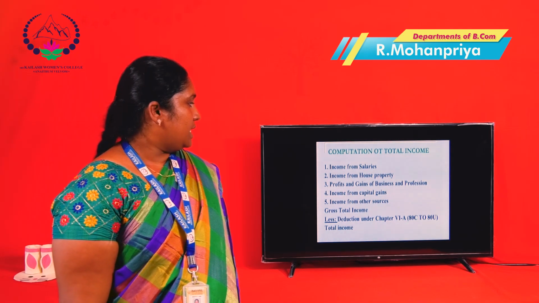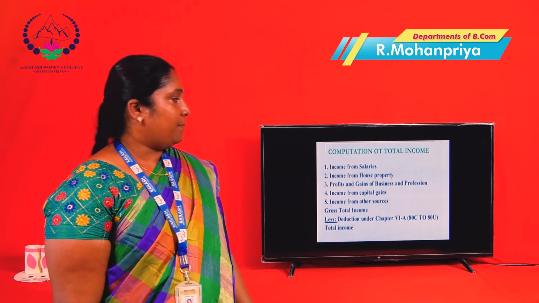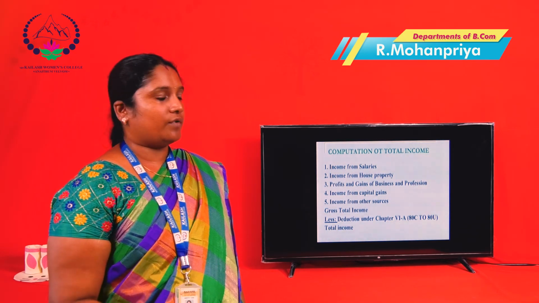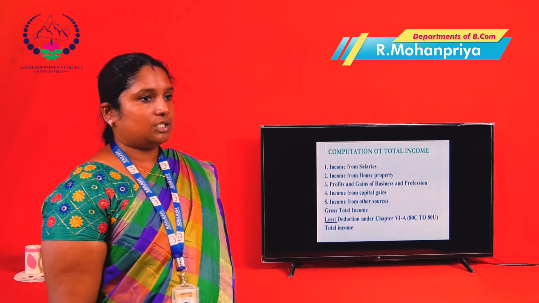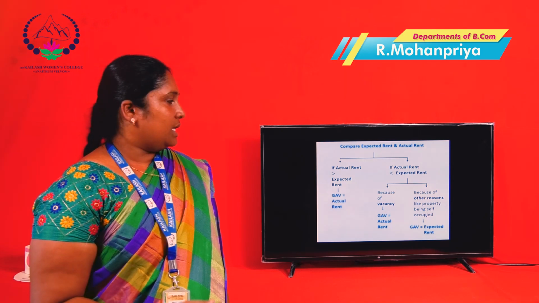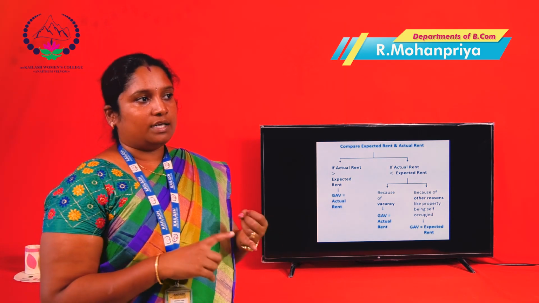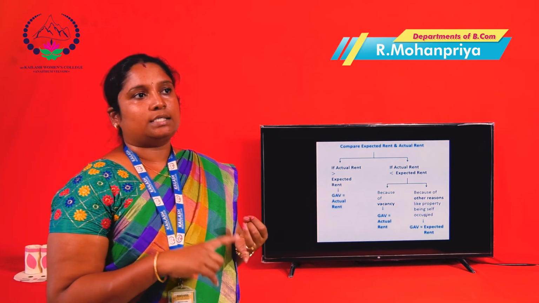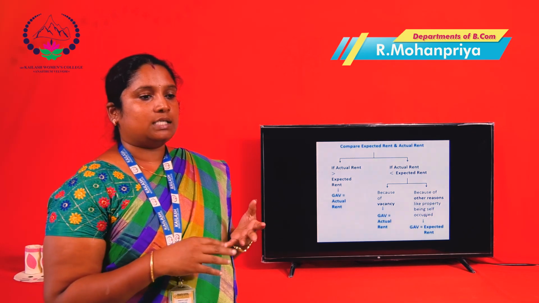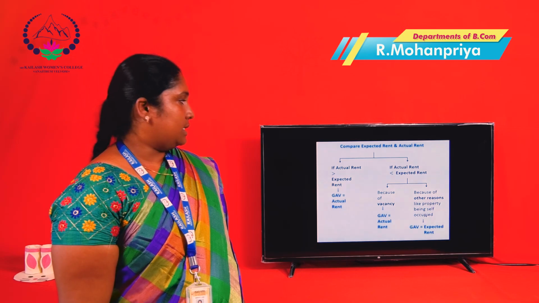Next one is income from capital gain. The capital gain is from any other sources we received from others. Next one is other sources. Income from other sources means any amount, whatever it is, house rent, income from salary or capital gain, whatever it is, that is income from other sources.